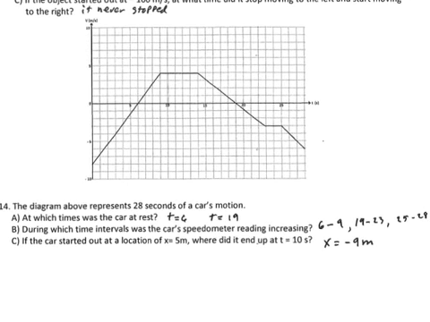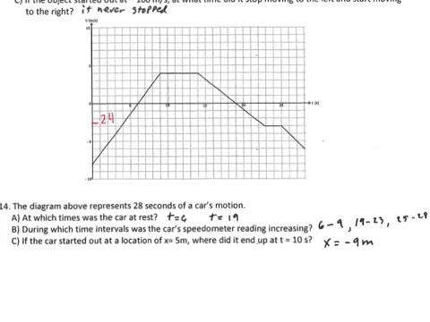Now, let's look at this next one. If the car started out at a location of x equals 5, where did it end up at 10 seconds? The way you're going to solve this is to find the area under the curve, because on a velocity versus time graph, the area under the curve gives displacement, since meters per second times seconds gives you meters. I'm first going to calculate the area here, and I get negative 24.